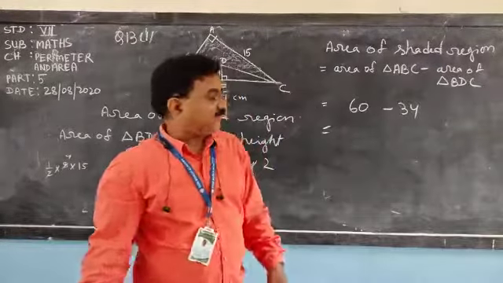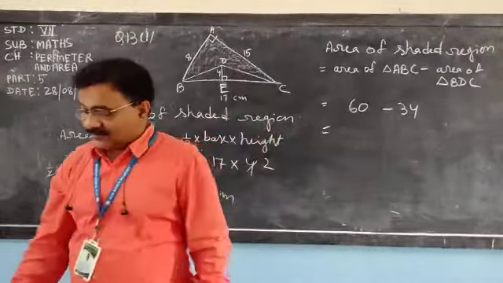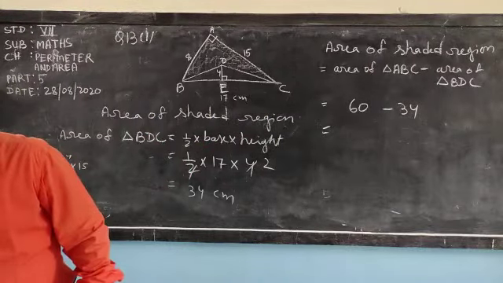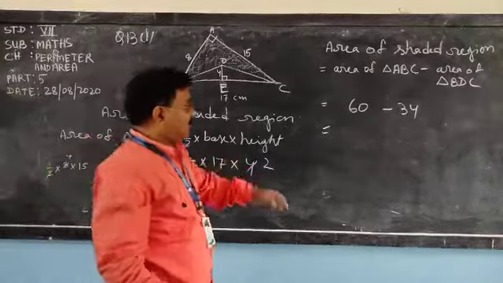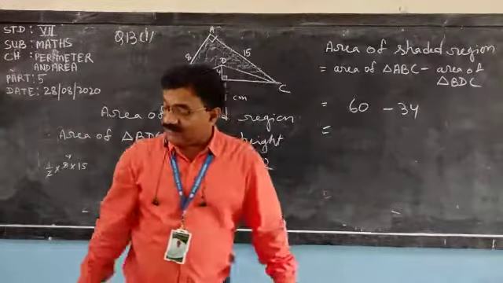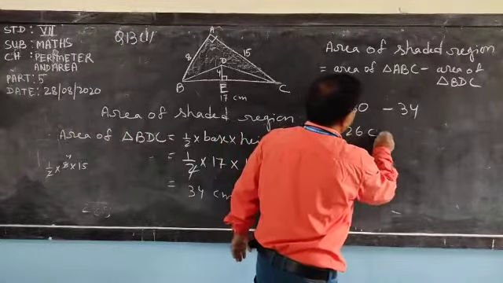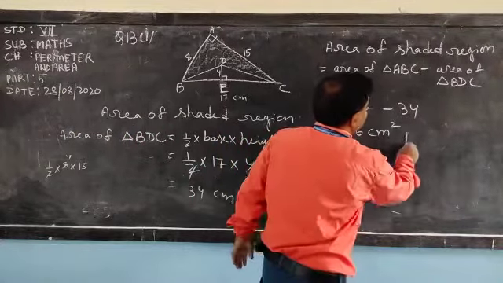So 60 minus 34 is 26. 26 centimeter square. And this is the answer.